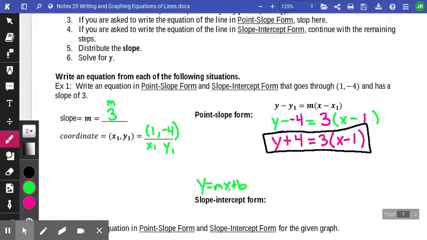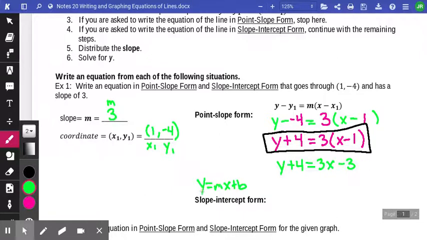Compare these two. Y equals mx plus b doesn't have any parentheses, so I need to get rid of those first. Remember what parentheses mean is multiply, so I'm going to multiply what's attached to the parentheses, which is 3. So I'm going to have y plus 4, leave that alone, equals, getting rid of the parentheses, 3 times x is 3x, and then 3 times -1 is -3.